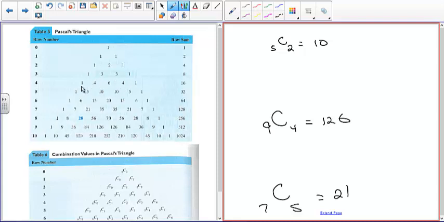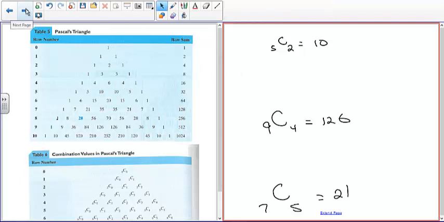But the next ones in are always the number. If you look down here, this is say row 3, 1, 2, 3, 4 elements.